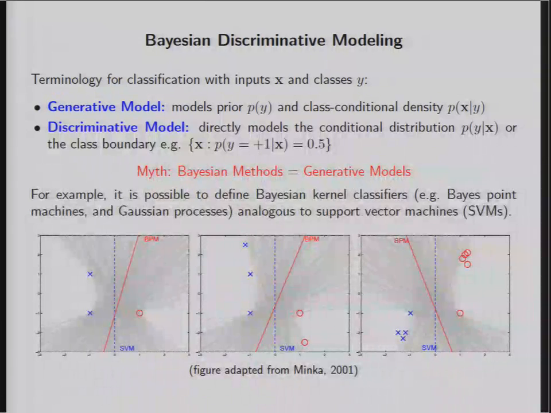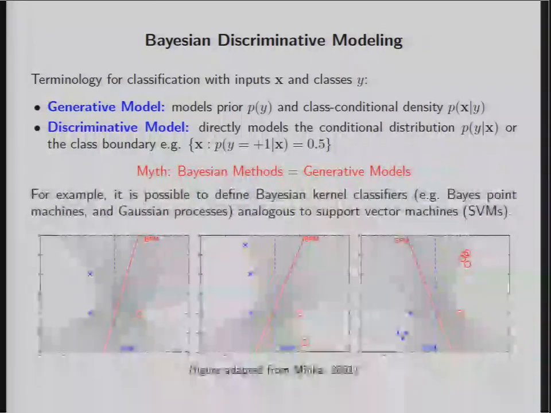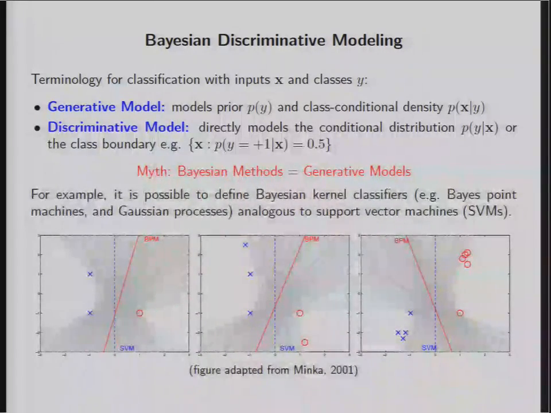Okay. In discriminative modeling, what you do is you try to directly model the conditional distribution, which would be, say, the probability of the label given the input. Or you could be building a decision system that simply outputs a hard decision about a label, given the input feature. Okay?